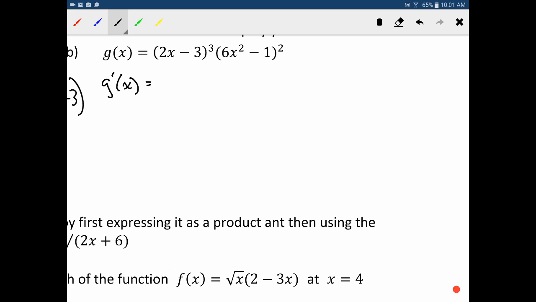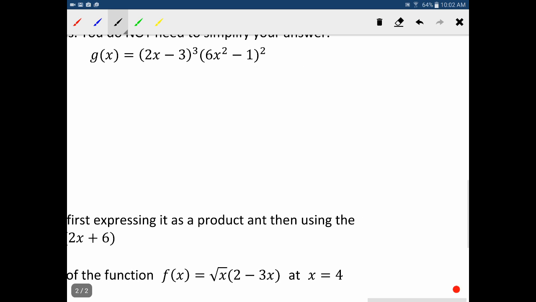The first thing we're going to do is take the derivative of 2x minus 3 to the power of 3, and then multiply that by 6x squared minus 1 to the power of 2.